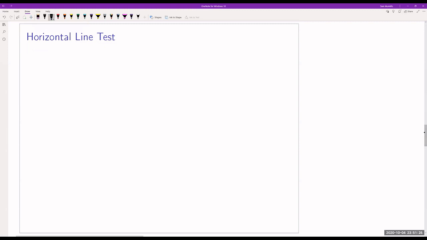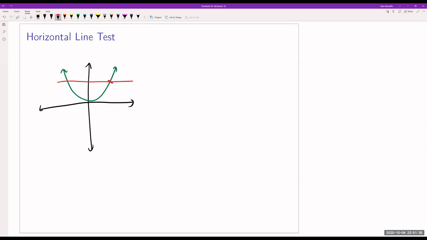It's very similar to the vertical line test. We'll use a horizontal line. So in this case, I have a horizontal line that passes through this function in two different places. It is not one-to-one, and it is not invertible.